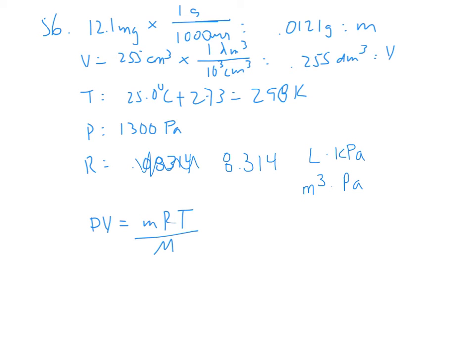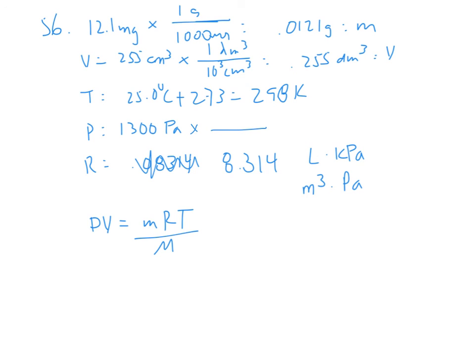So what I really need to do is change one of my measurements up here, either my pascals to kilopascals or change my volume so that it matches. So I've already got it in liters, so I'm going to go ahead and change this to kilopascals because that's a pretty easy change.